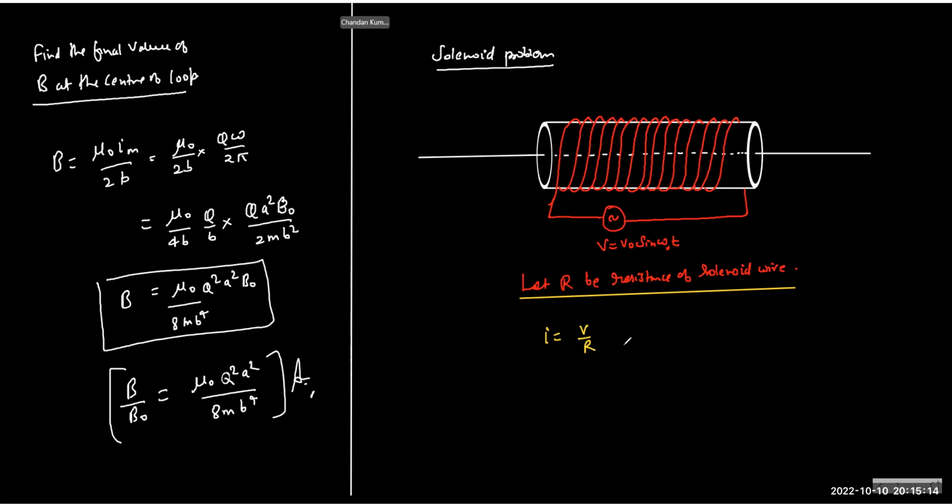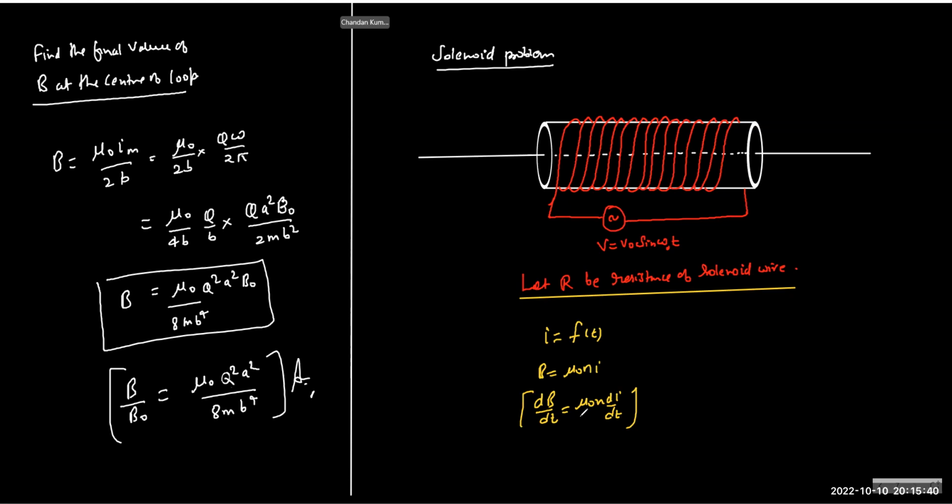Okay, so imagine if V is sinusoidal, then current will also be variable, right? So current will also be some function of time t, right? Because V depends on current, current will change. We have done this before, but we are trying to use this in a different context.